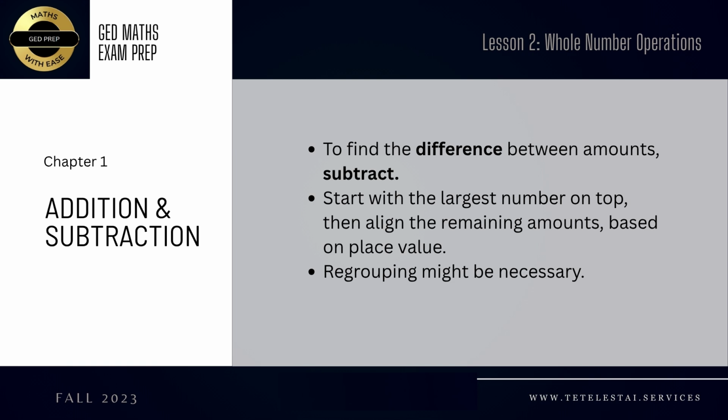But with subtraction, it's important to start by writing down the greatest number first and then continuing in descending order, because it's going to make a difference in the answer that you get, right? And the same as with addition, you may need to regroup when you're subtracting, if your answer in one of your columns, either ones, tens, or hundreds, and so on, is greater or equal to the number 10.